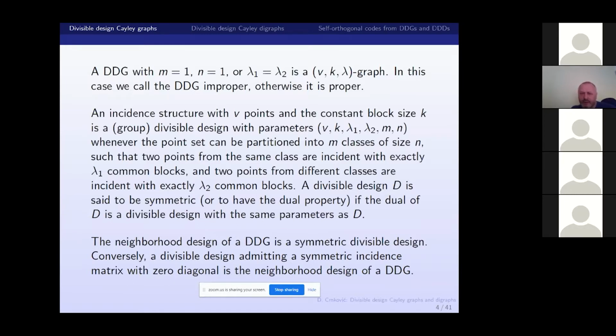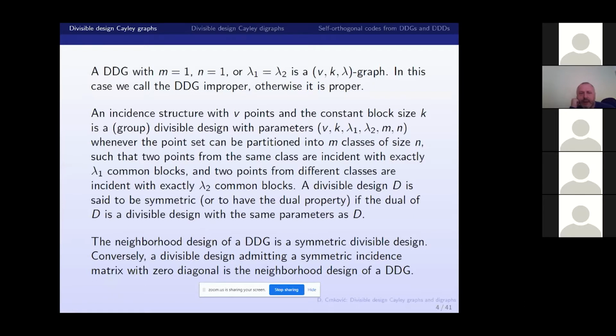Such a divisible design is said to be symmetric, or to have the dual property, if the dual structure is a divisible design with the same parameters as the original divisible design. It is easy to see that the neighborhood design of a DDG is a symmetric divisible design, so every DDG is a symmetric divisible design in a way.